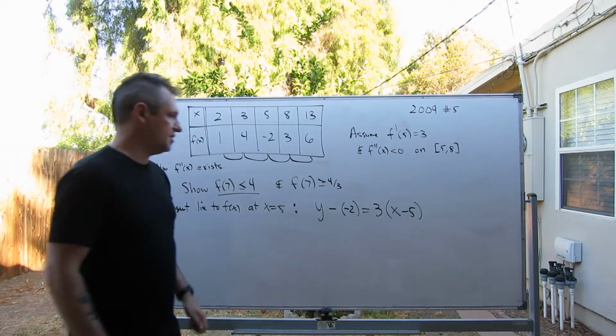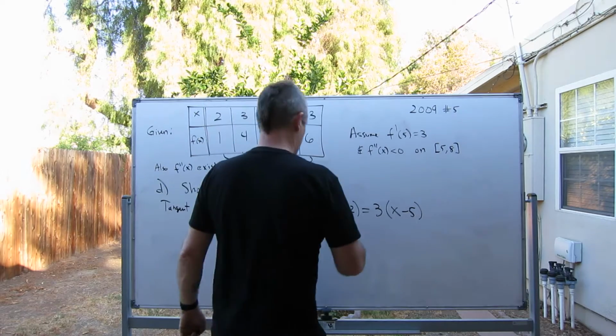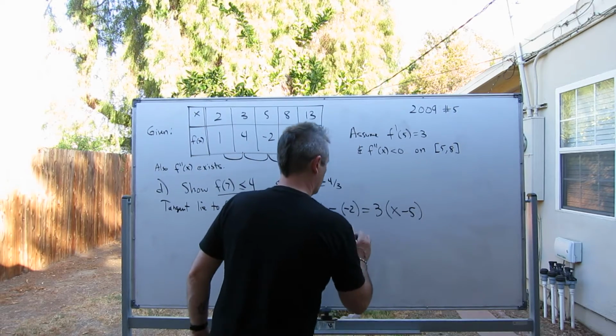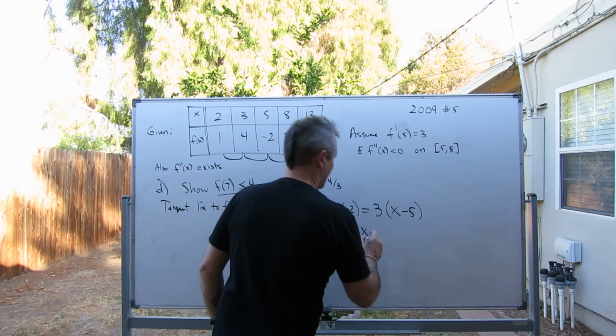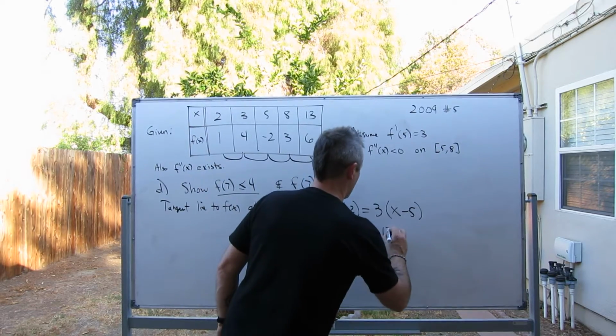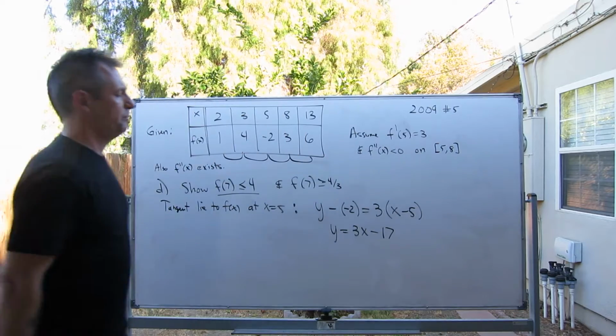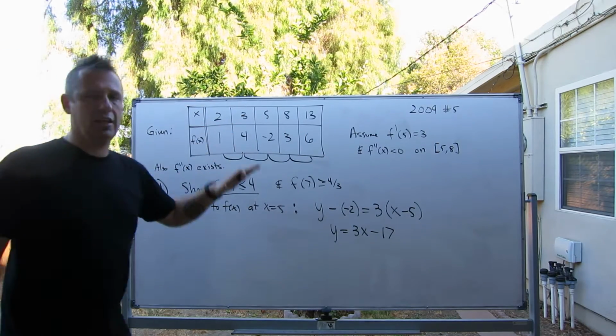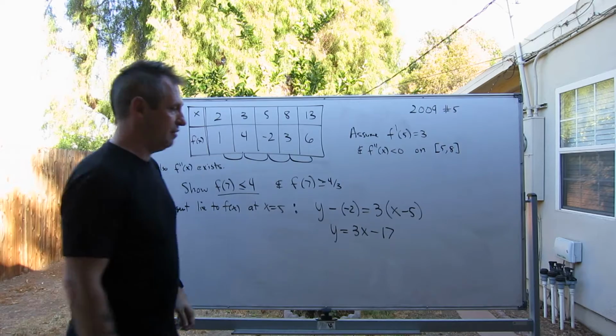So when I clean this up a little bit, I think that we end up getting that y equals 3x minus 15, minus 2 more, so minus 17. Okay, so this is the tangent line to f at 5.